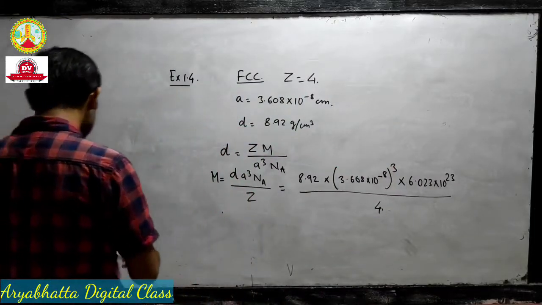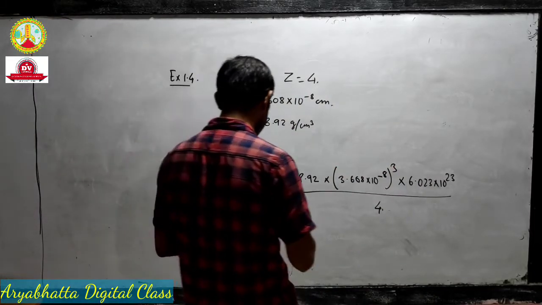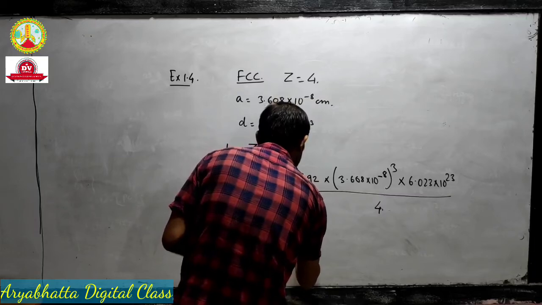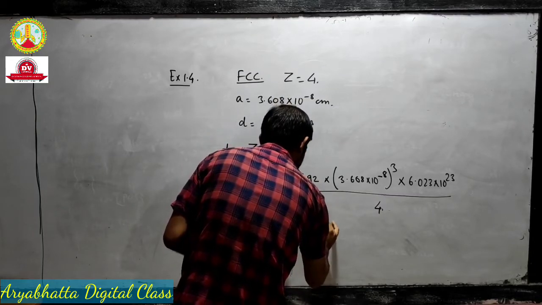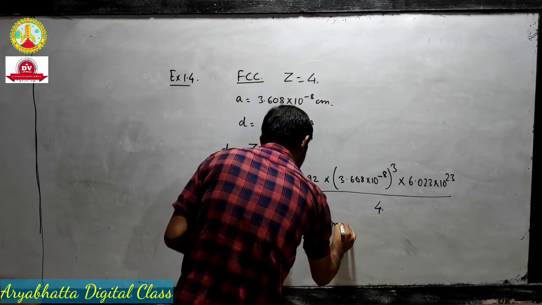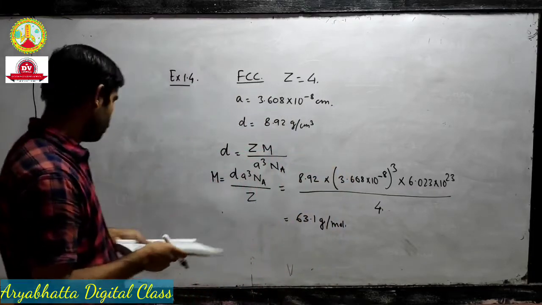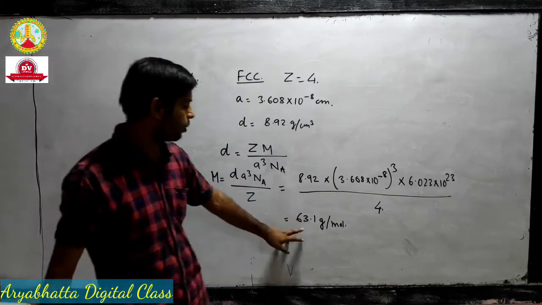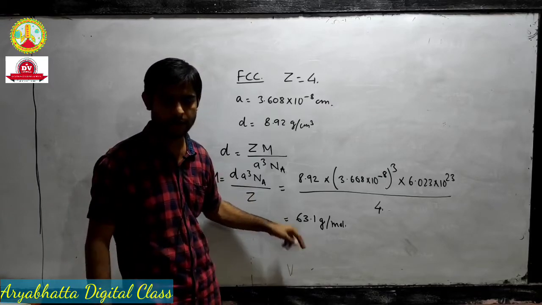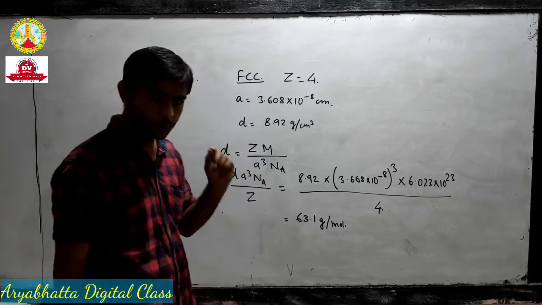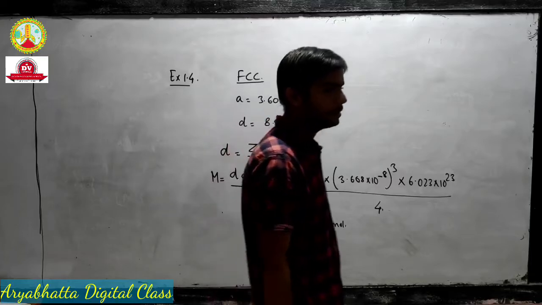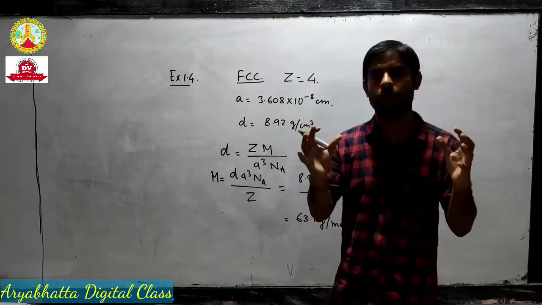And what is the value? It's 63.1 gram per mole. Why gram per mole? Because it is the molar mass. Mind it, this is the molar mass. What is molar mass? Molar mass is the mass of 1 mole of that atom.